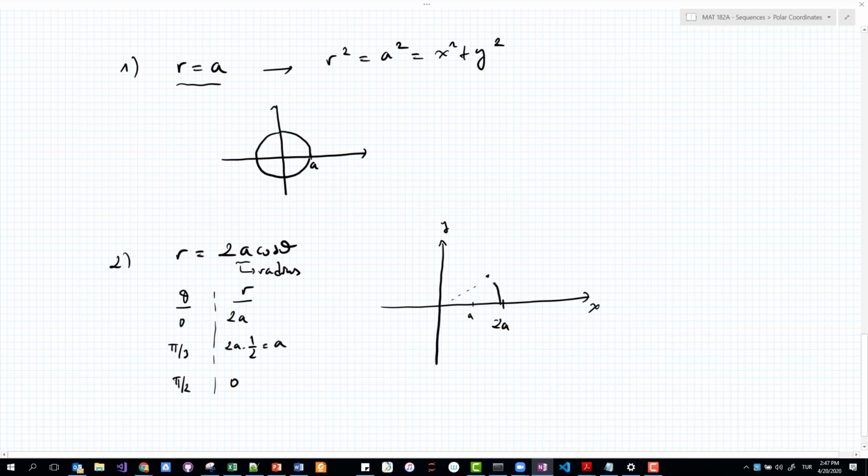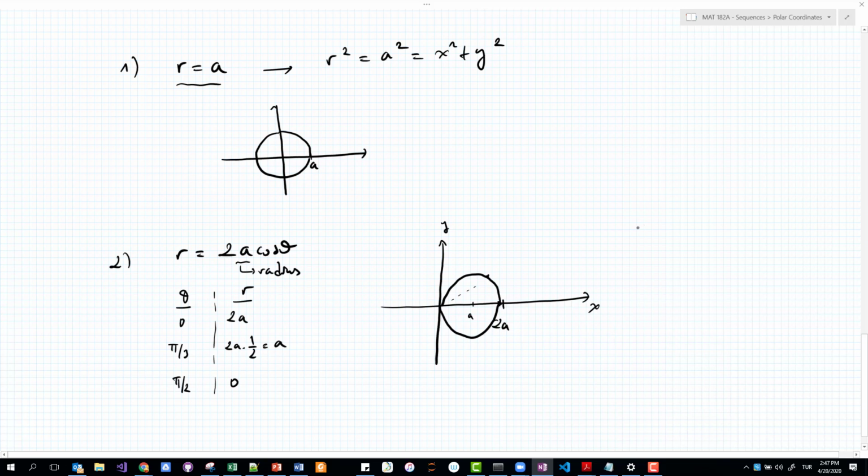So I'm going to come back this way, and r is going to be 0. The rest will just be completing this circle in this way. So from now on, I'm going to know that if I have 2a cosine theta, I need to have that type of circle.